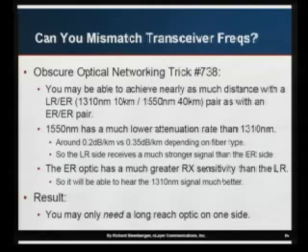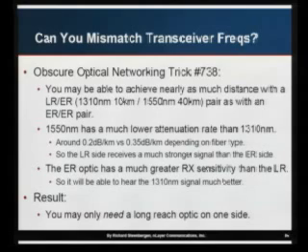So, obscure optical networking trick here. You actually don't need to have two long reach optics paired with each other to get long reaches. So say for example you're comparing an LR which transmits at 1310 and is 10 kilometers. You're pairing that with a 1550 that is spec'd for 40 kilometers. What happens is the 1550 signal has a much lower rate of attenuation. So like I said, typically it's not quite half, but it's pretty close.